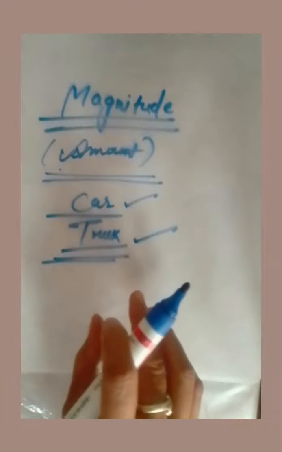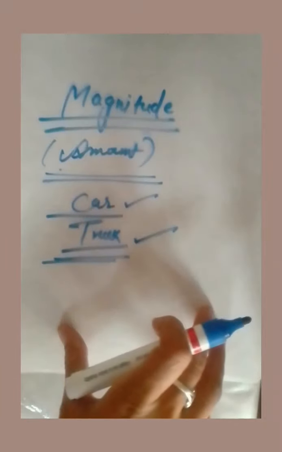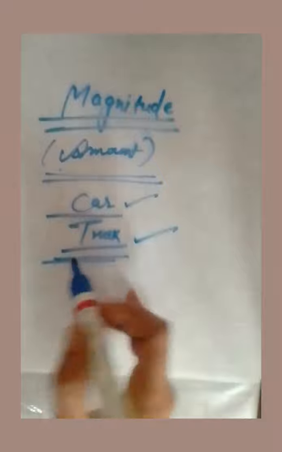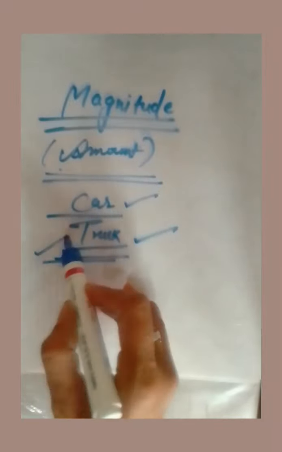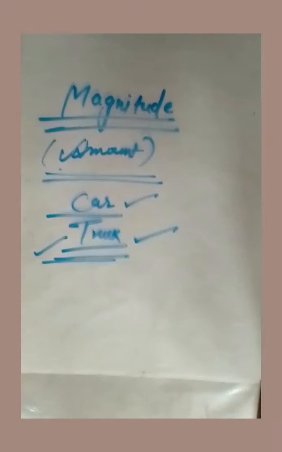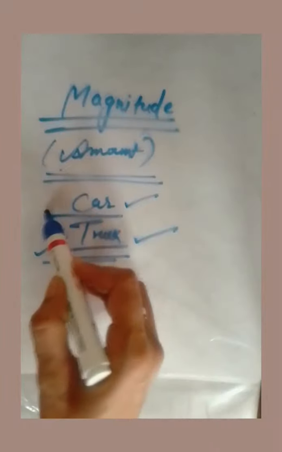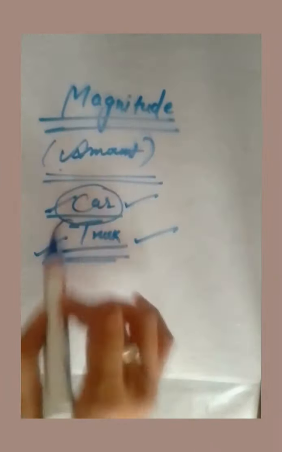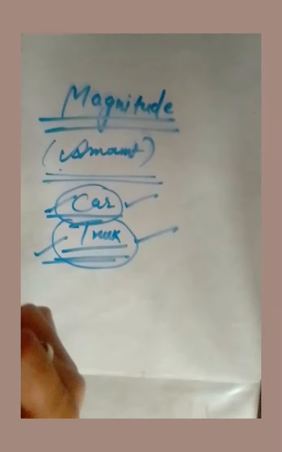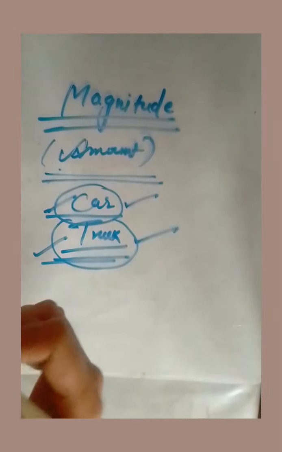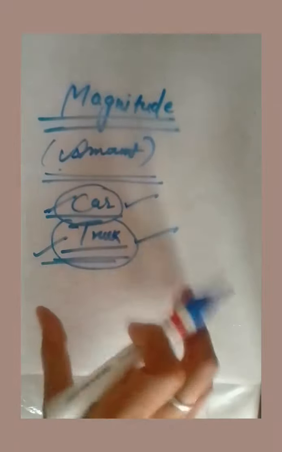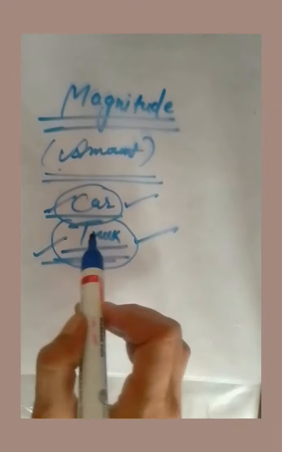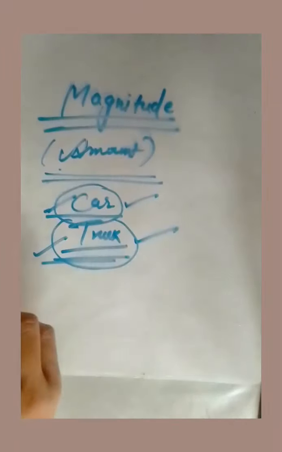Now it is a common experience that we need a greater push to move the truck as compared to the car. It means the car has lighter mass and the truck has heavy mass, so we can't apply the same force to move them.